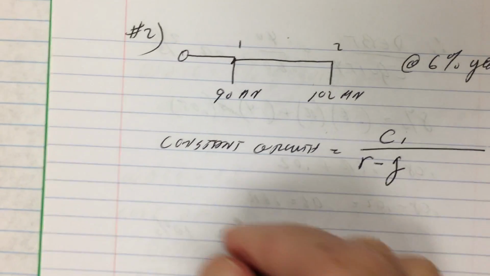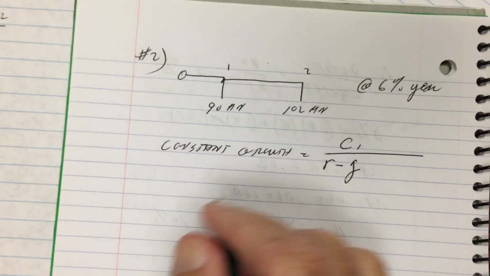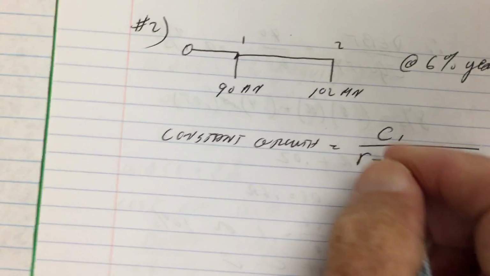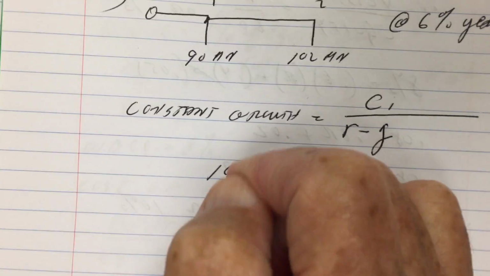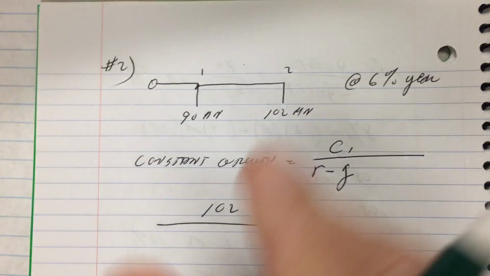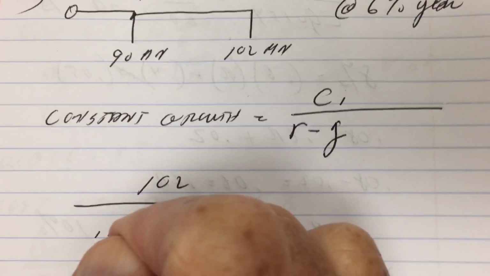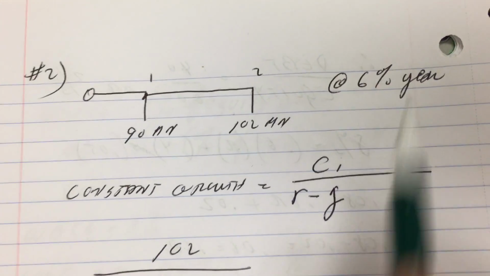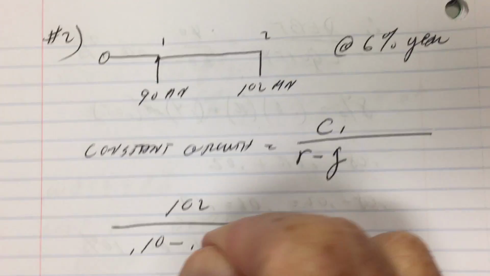So we know that C1 is 102. This is problem number 2, and its cost of capital is 10%. So we're going to take 0.10 minus the growth, which is 0.06.